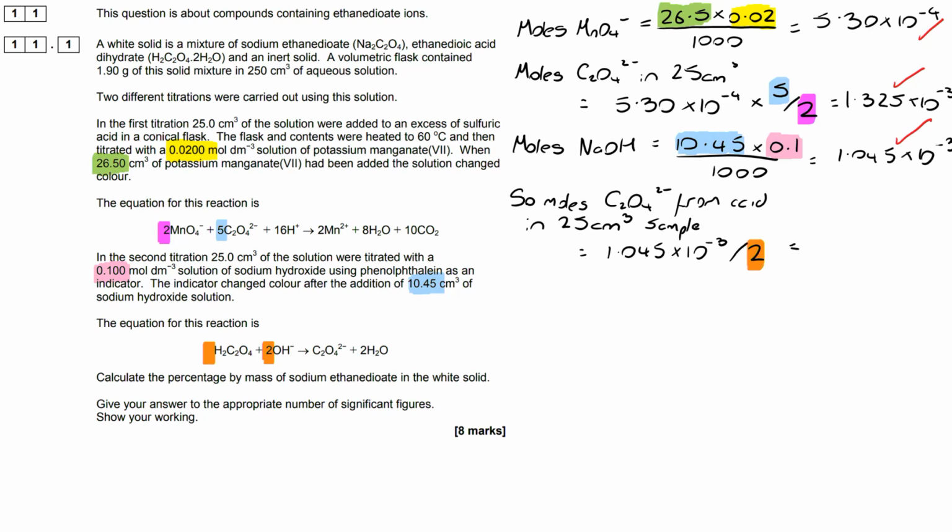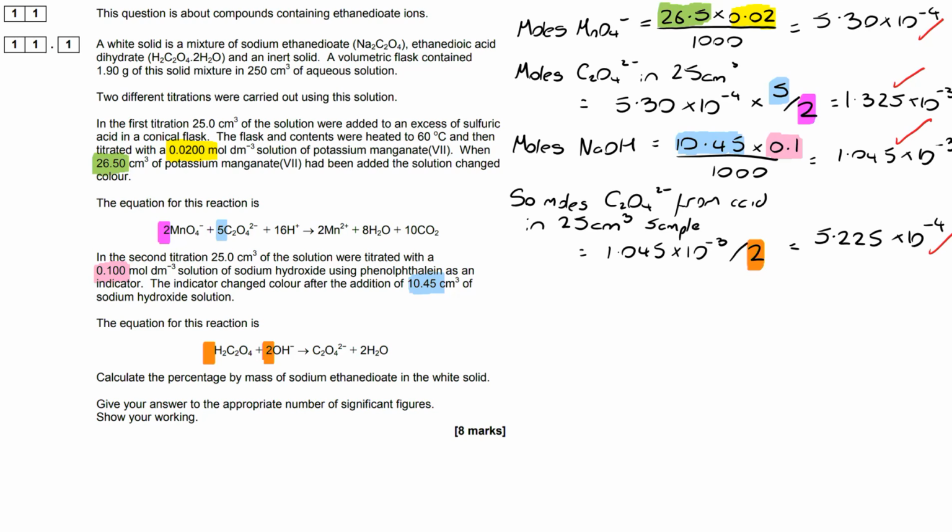But then we're going to once again use the equation, this time the bottom equation, to work out how many moles of C2O4- from the acid there were in the 25 cm cubed sample, and we get to our mark number 4. We've got 5.225 by 10 to the minus 4 moles.